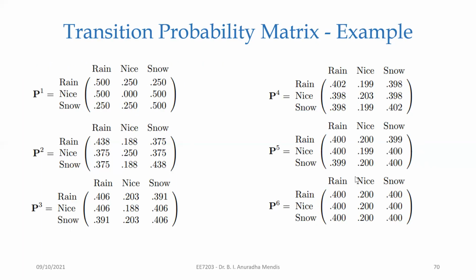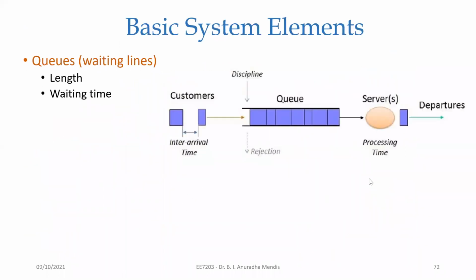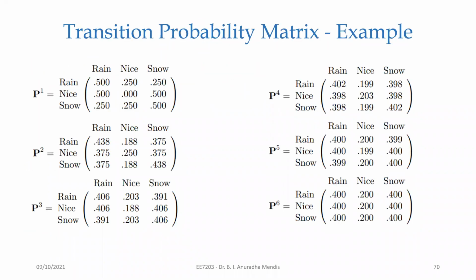Okay, for today I will stop the lecture. Next day we have to start queuing theory. The Markov chain basic theory is finished now. You now know how to find a Markov chain, its properties, and the steady state probabilities.